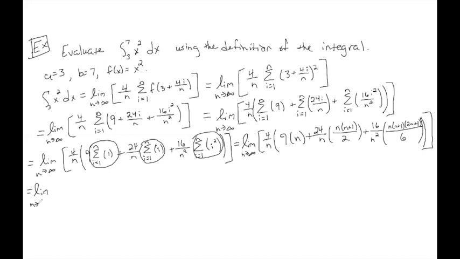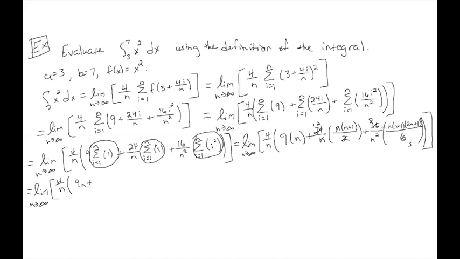Now it's a simplification game until we can evaluate the limit. All right, so I'll leave the 4 over n on the outside. And on the inside, I'll have a 9n plus 24 over 2 reduces to 12. This n cancels with this n. So this becomes a 12. 16 over 6 becomes 8 over 3.